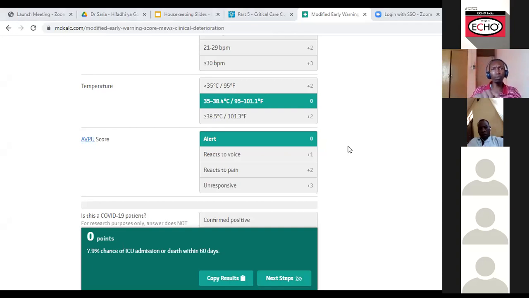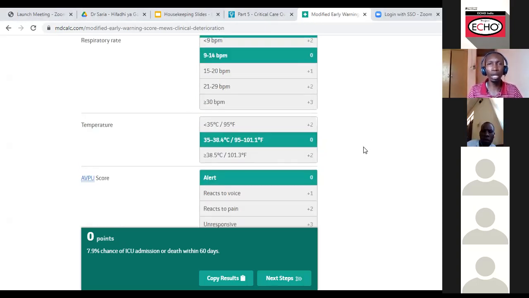But most of the time for this NEWS, even if you don't have this kind of software, we used to have papers which have been printed, and you can print them color-coded for every single parameter: respiratory rate, systolic blood pressure, temperature, AVPU score. For the ranges you see, for example temperature less than 35, 35 to 38, or above 38, they are also put in a specific color code, whether green, yellow or red, similar to a traffic light.